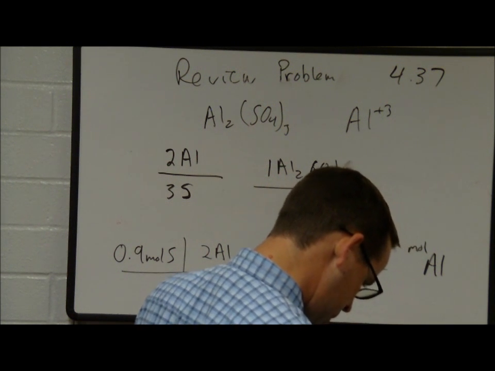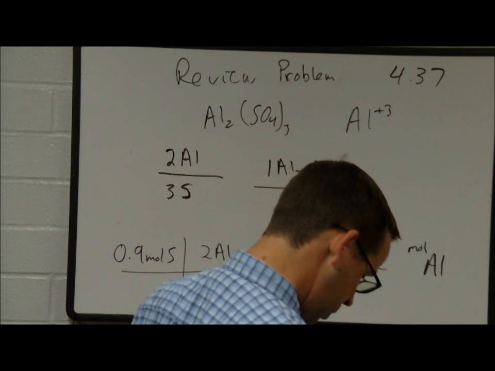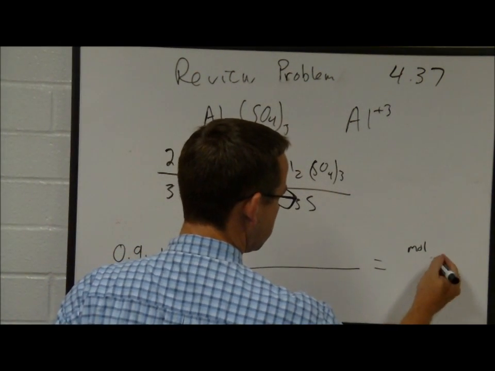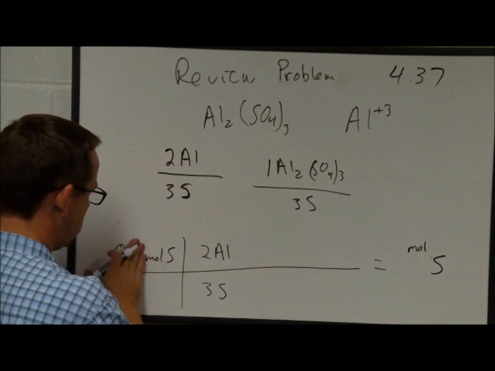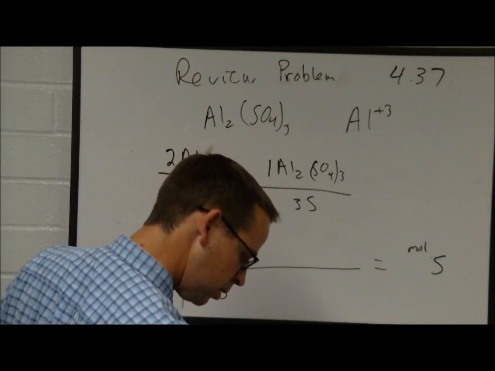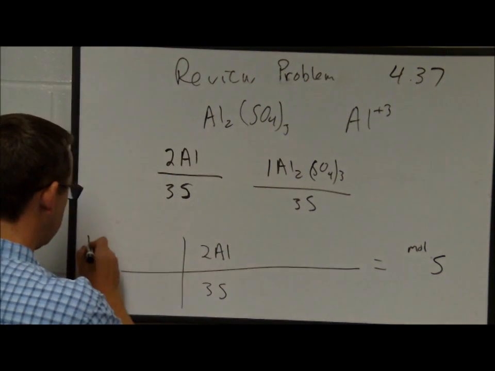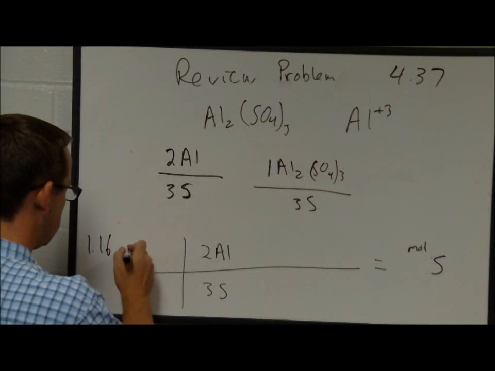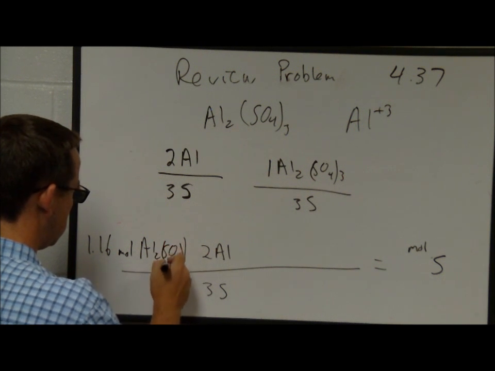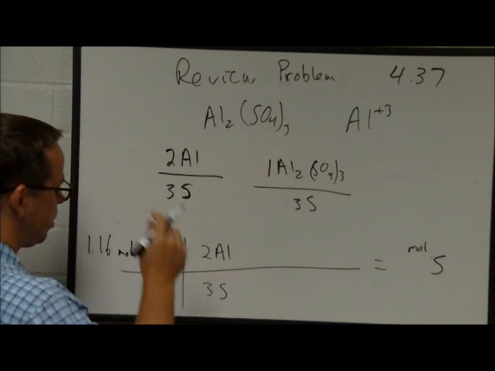Part D, how many moles of sulfur are in 1.16 moles of aluminum sulfate? So how many moles of sulfur is what they're asking. Al2(SO4)3.